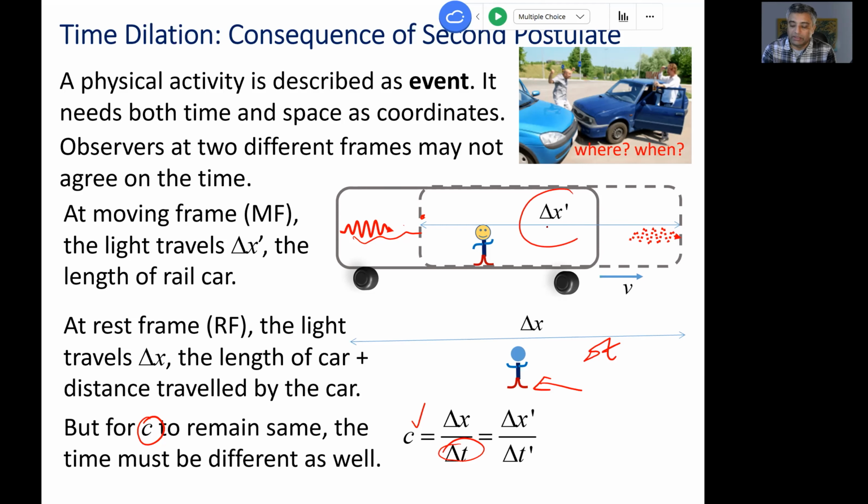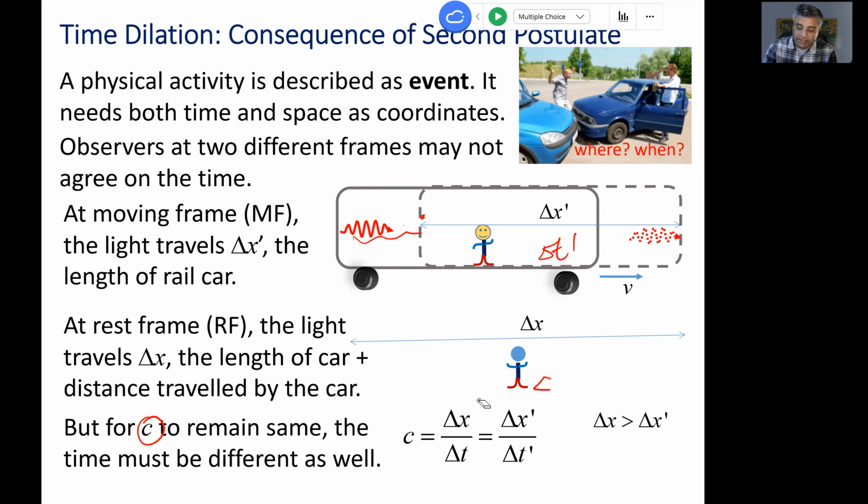So for the moving one, we are putting this prime, okay? And for the stationary, we are writing without prime. So for this observer, what happens? Distance traveled is this, and let's say this person measures time delta t prime. So based on the definition of speed, what happens? This displacement divided by time for both of the observers. So now, here is the problem.